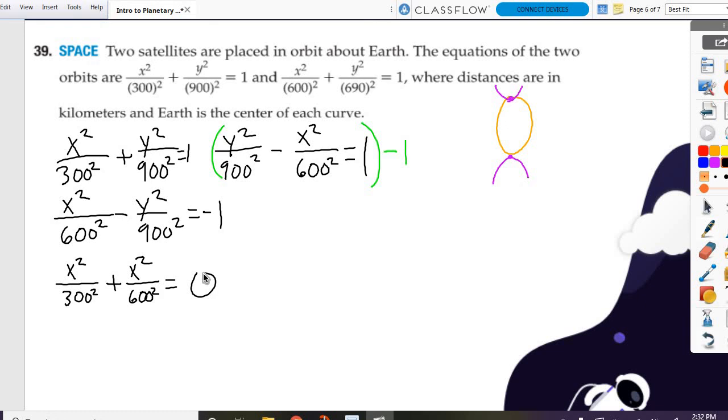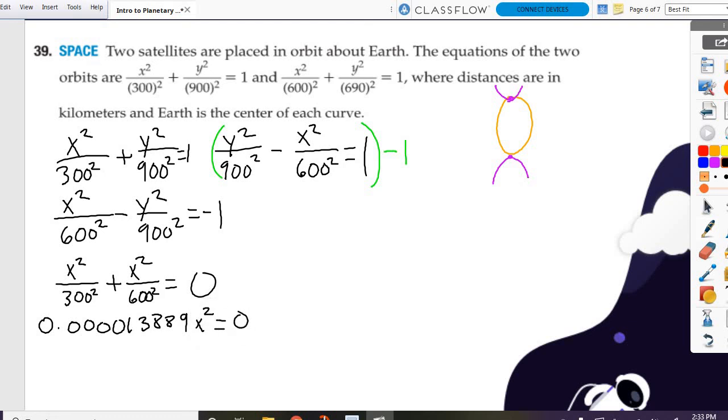Now, 1 divided by 300 squared is going to be a very small decimal. And then if I were to add to that 1 divided by 600 squared, which is also a really small decimal, I get a slightly larger decimal, but in the end, I have 0.1234138889 x squared equals 0.